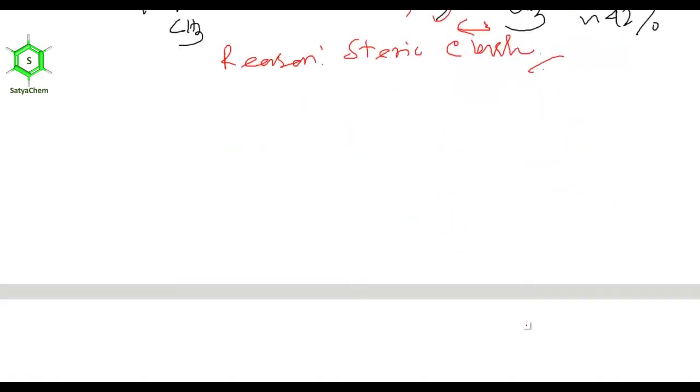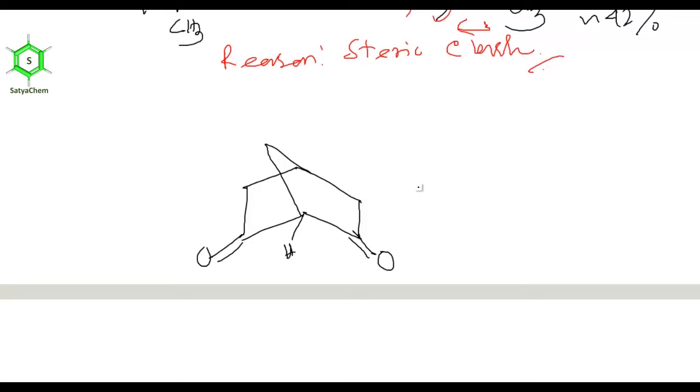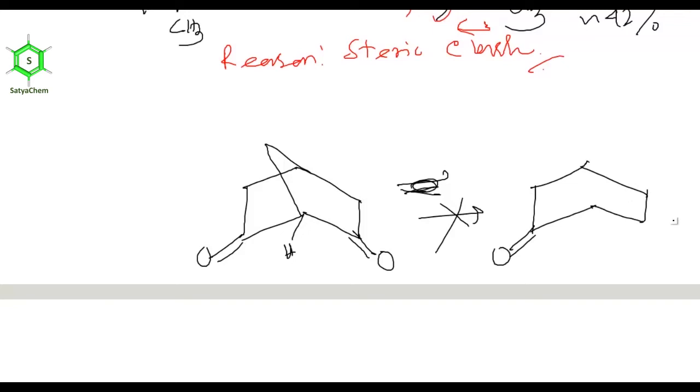Now I am going to give you another very important compound. Here enol content is not possible. This enol content is not possible for this bicyclo compound.